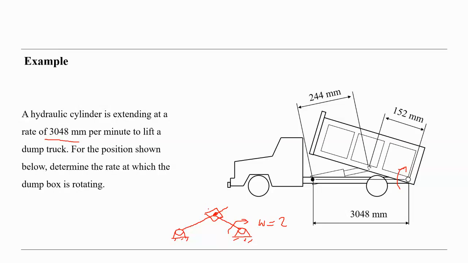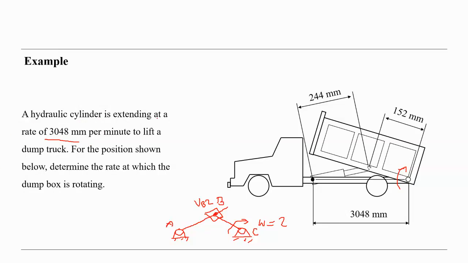That means VB, let's say that this is the A, B, and C. So VB2 is given. VB2 is already given here.